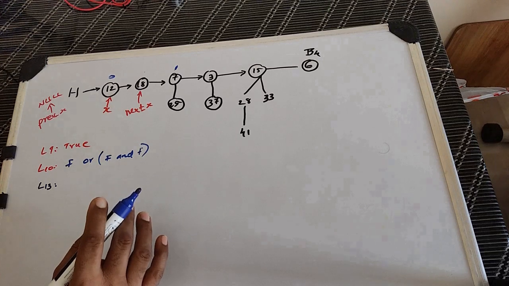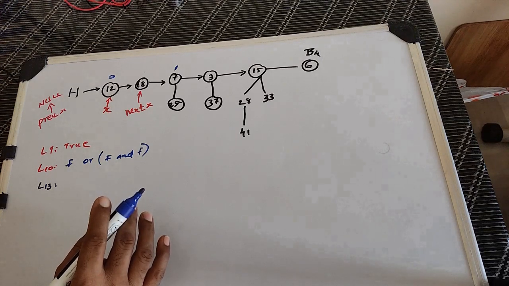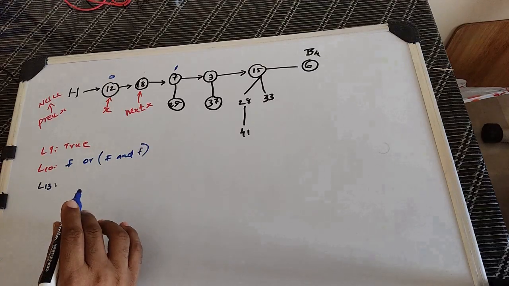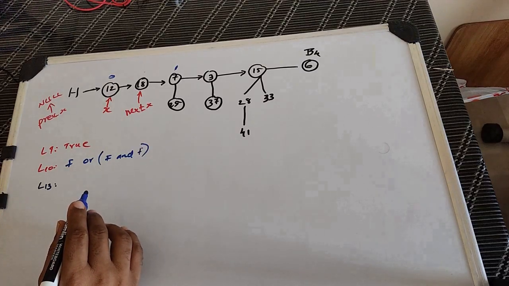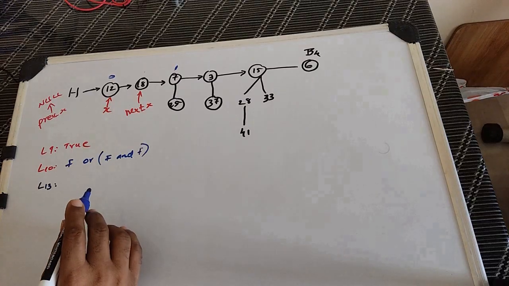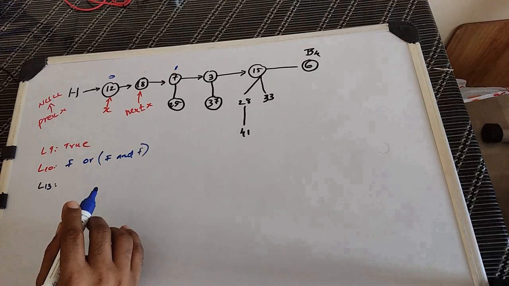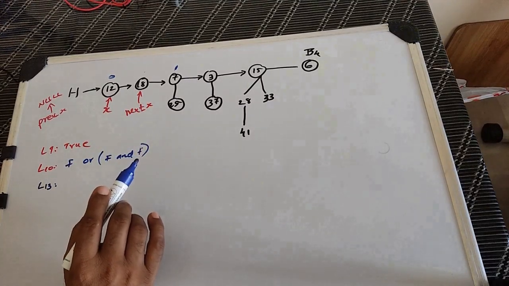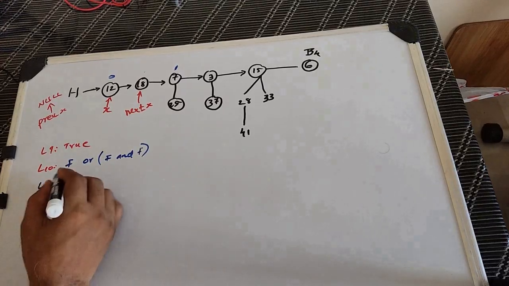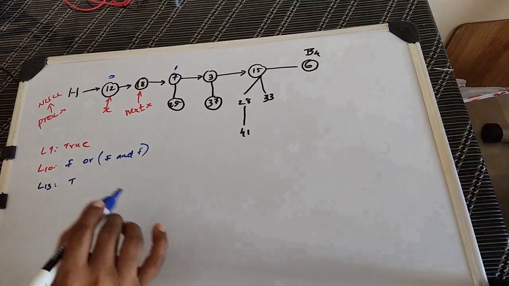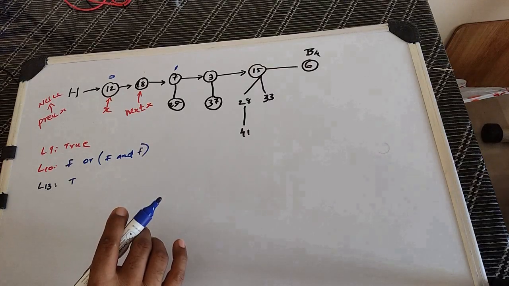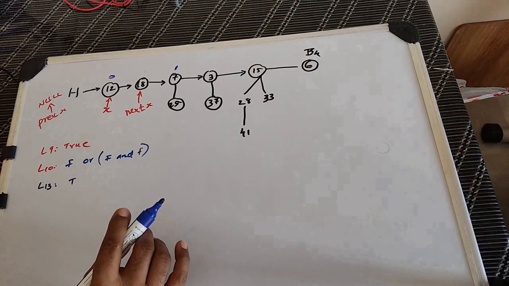Root with smaller key value becomes the parent. Then coming to L13, key of x is 12 and key of next x is 18. So this condition is correct. The statement in the else condition is correct, that is, key of x is less than key of next x.